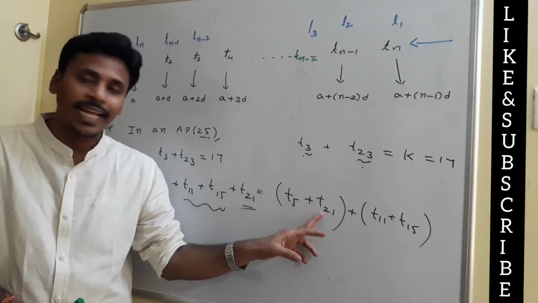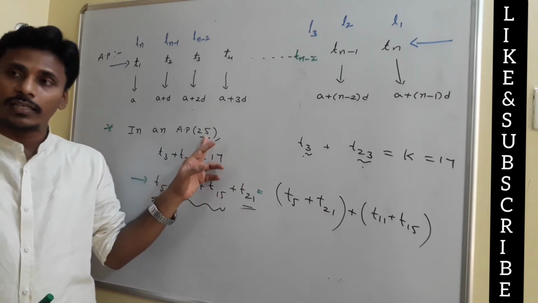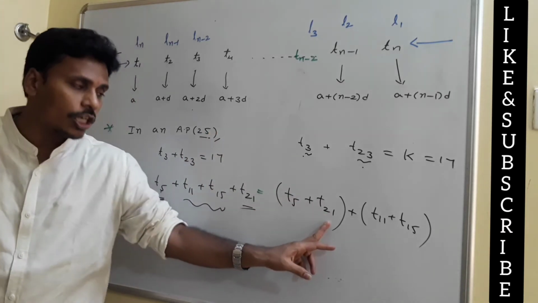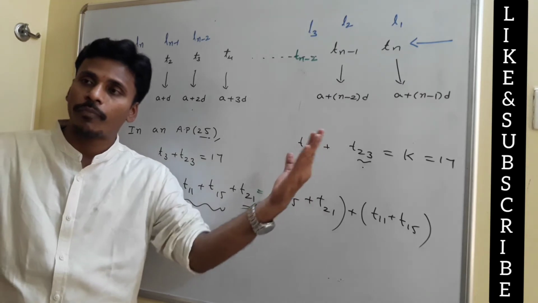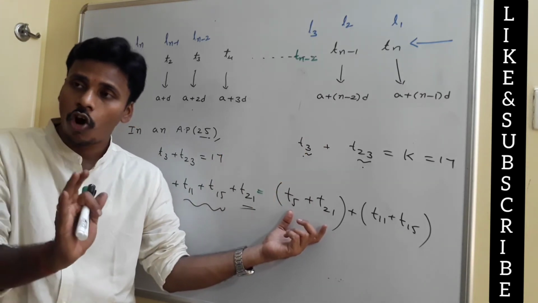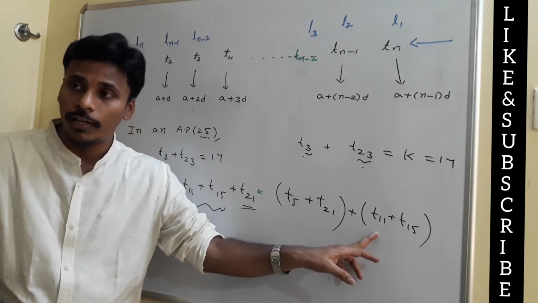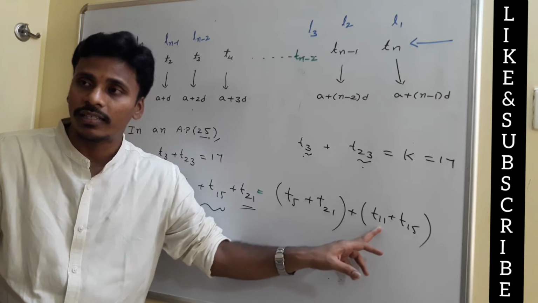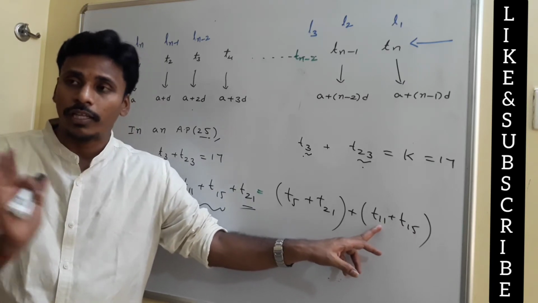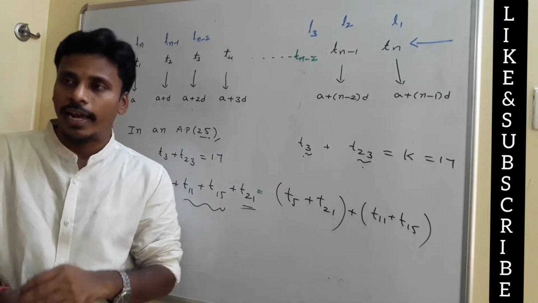Don't think of it as T21, because the sum of the suffixes is n plus 1, 26. Think of T21 as the fifth term from the end. So this is the sum of the fifth terms from the start as well as from the end. And now with T11 and T15, since the sum is again 26, T11 is the 11th term from the start and T15 is the 11th term from the end.